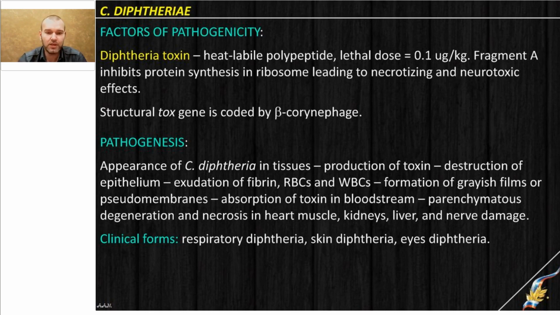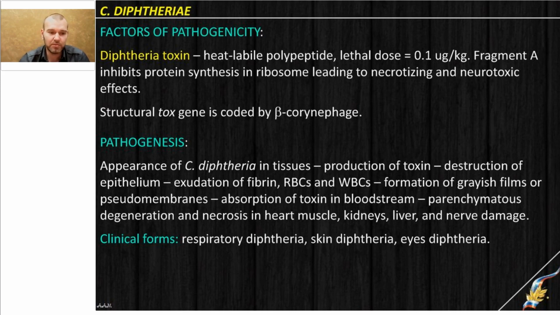A unique property of that toxin, and usually it is a classic example of bacteriophage invasion in bacteria. When we discussed some genetics, you know that it is possible to have lysogeny, when the genome of a virus is inserted into the genome of bacteria, and bacteria can undergo phage conversion, meaning obtaining a new property because of that bacteriophage.